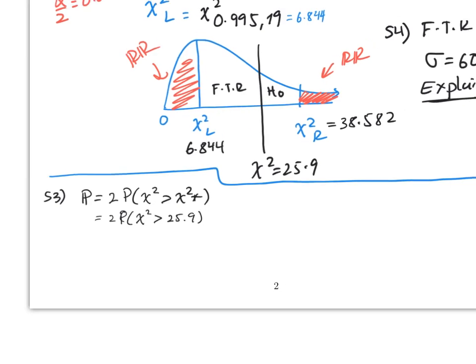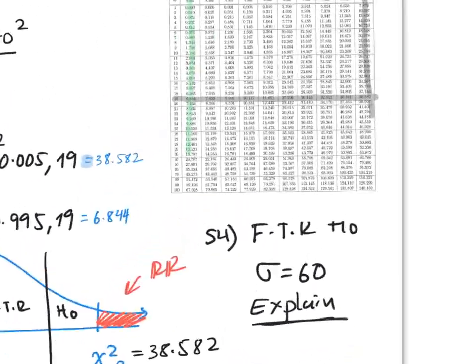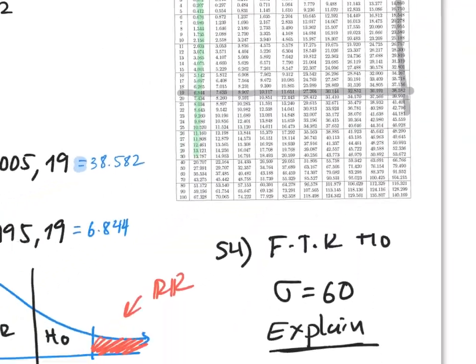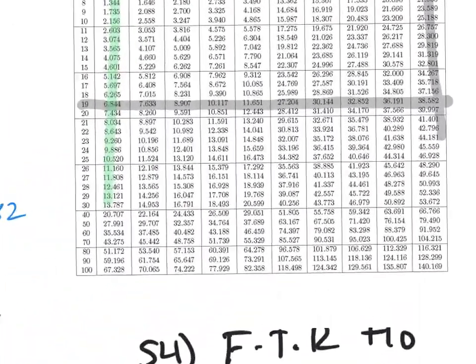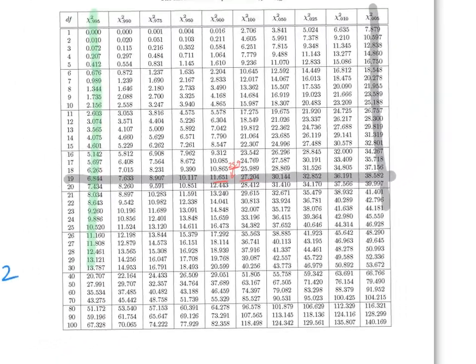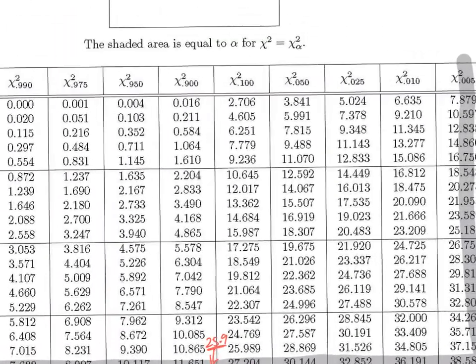All right, so then this is going to be 2 times whatever probability that chi square is greater than 25.9. So we look to the table where we have 19 degrees of freedom. 25.9 is between these two. So 25.9 is somewhere here. But as you can see, this is way closer to 27 than it is to 11. So if that's the case, just pick something close to this one. And just like in the t-table, just pick 0.2.